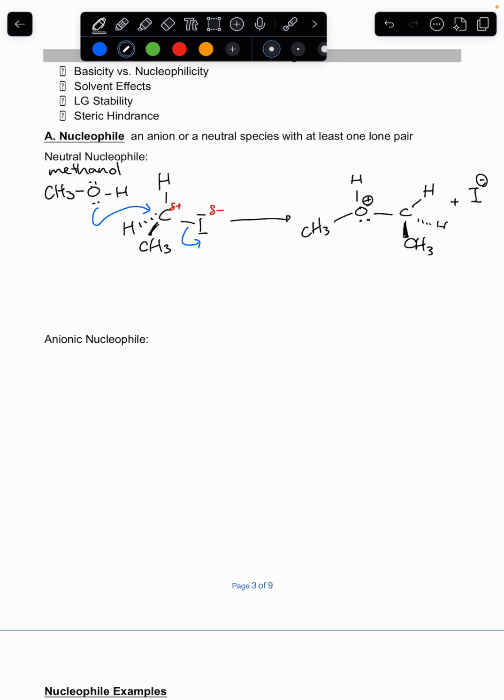So what happened here? We went from two totally neutral species to a charged species, and for that reason this is actually slow. Going from neutral, which is more stable, to charged would create a high activation energy.